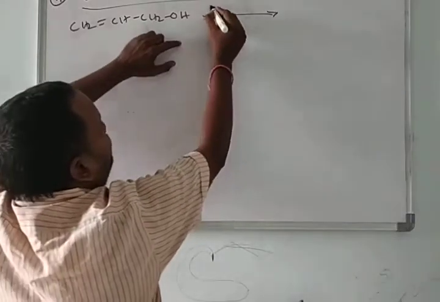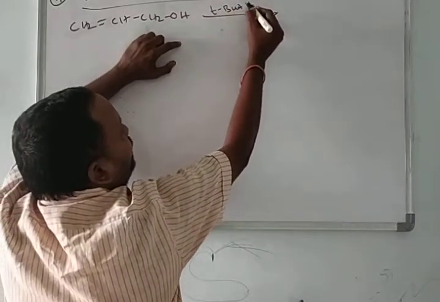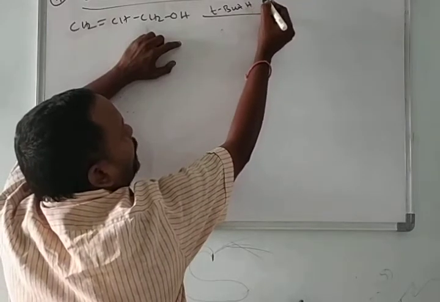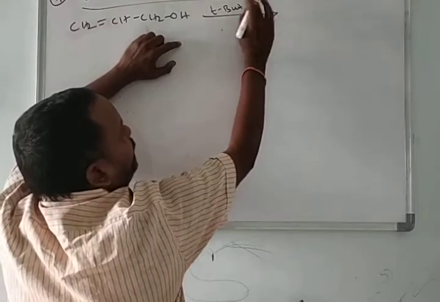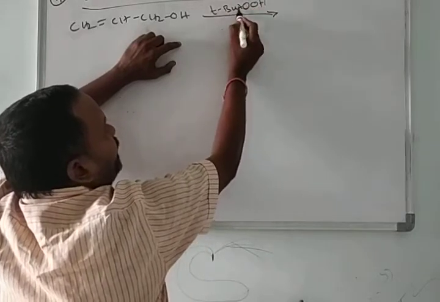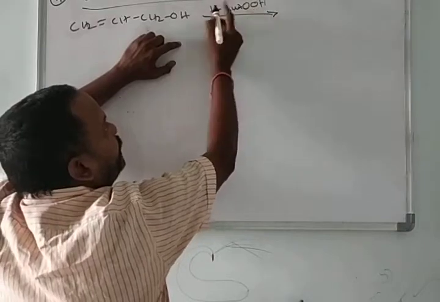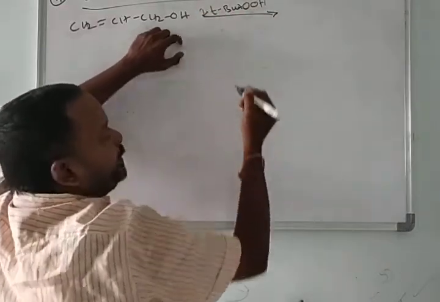Okay, in the presence of tertiary butyl hydroperoxide. I am writing like this. This is the tertiary butyl group, this is the hydrogen. So we called it tertiary butyl hydroperoxide.